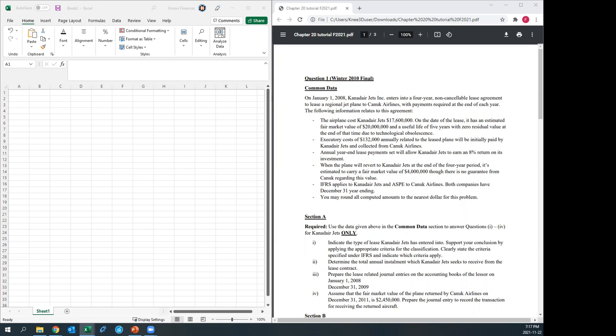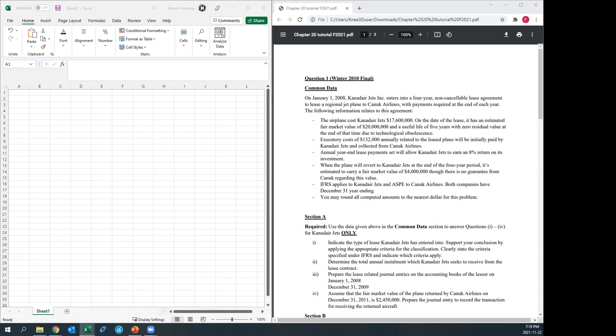Annual year-end lease payments that will allow Canadair Jets to earn an 8% return on its investment. When the plane will revert to Canadair Jets at the end of the 4-year period, it's estimated to carry a fair market value of $4 million, though there is no guarantee from Canuck regarding this value.